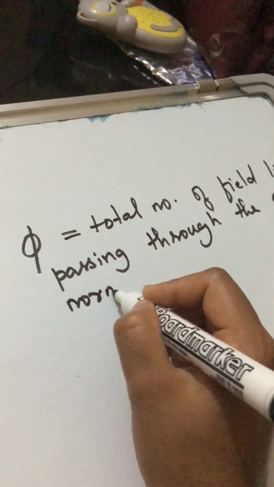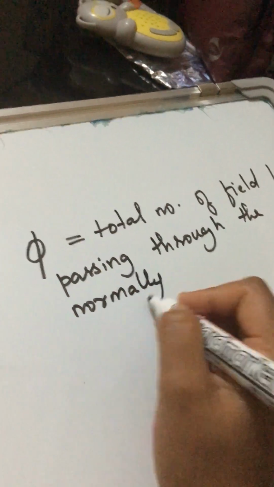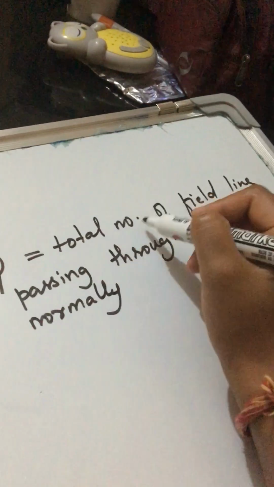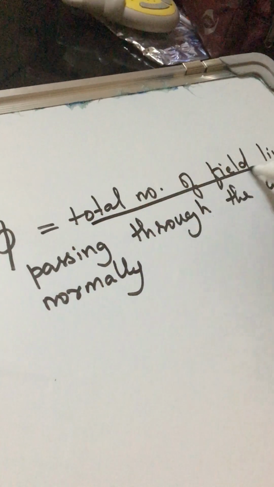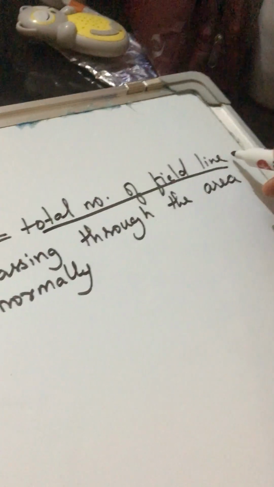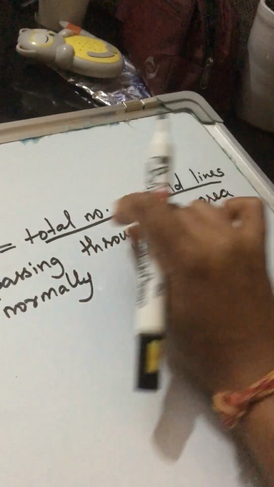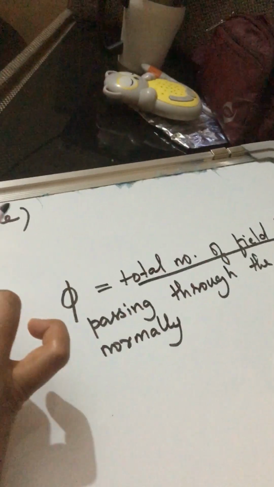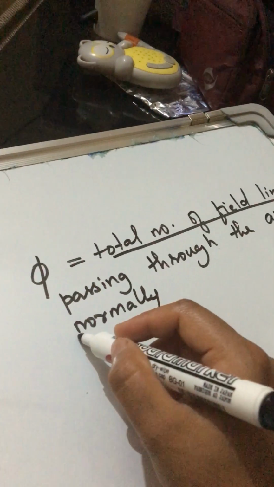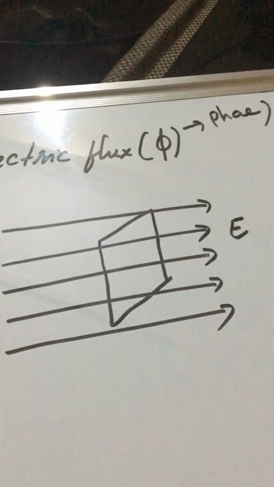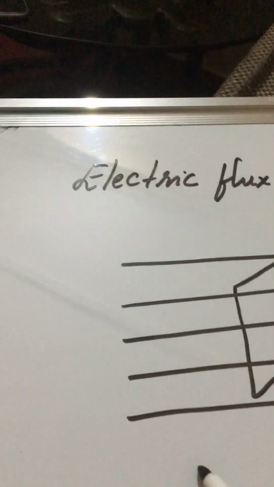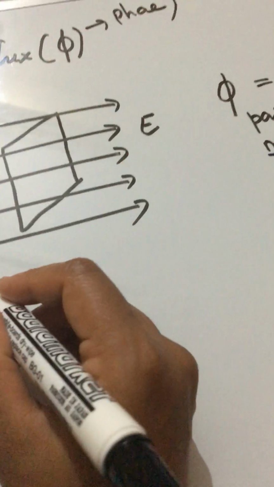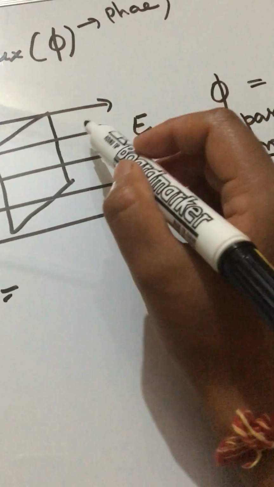Okay, passing through the area normally. So what is it? It is the total number of field lines. How many field lines are crossing the area perpendicularly?